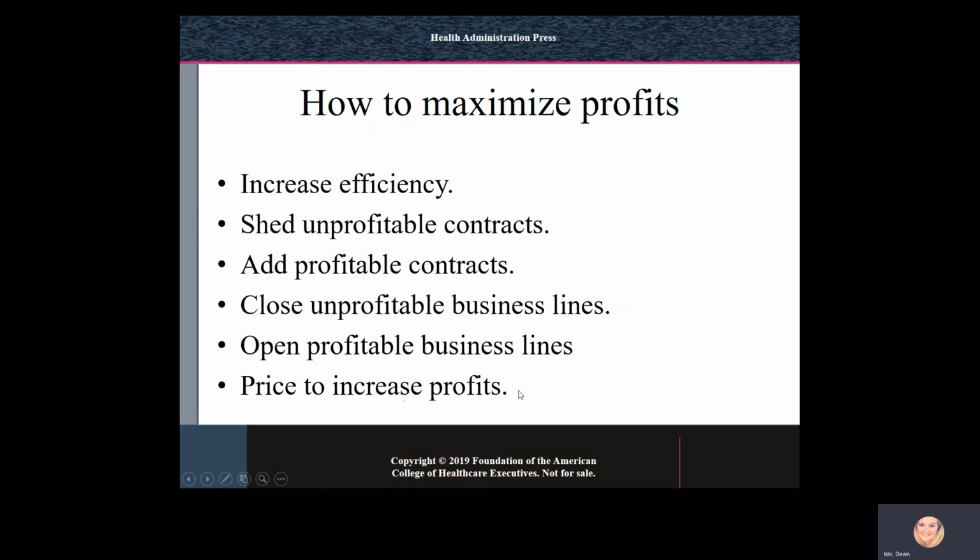Okay, so let's say that you're making something, and it doesn't matter what you're making. You could be making lunch pails, right? So you're making lunch pails, and the lunch pails cost you $1 to make, and you're selling them for $1.25. Well, that's a problem because you're only making 25 cents per lunch pail.